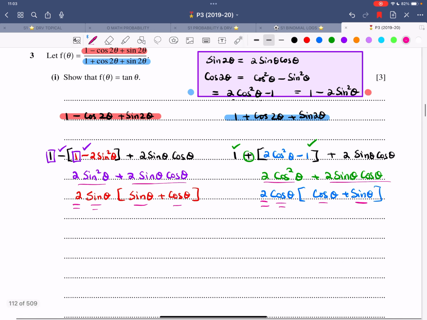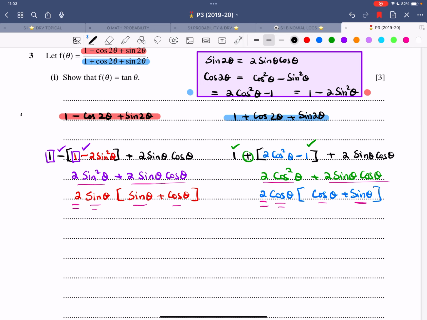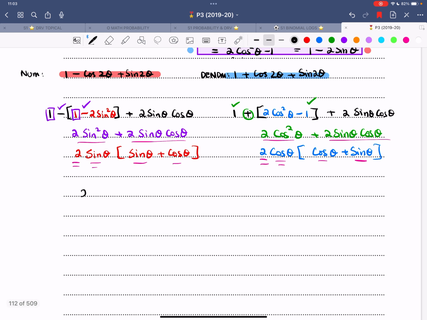So now this is the numerator and this is the denominator. And let's just divide. So numerator over denominator, this is 2 sine theta bracket sine theta plus cosine theta, being divided by 2 cos theta bracket cos theta plus sine theta.